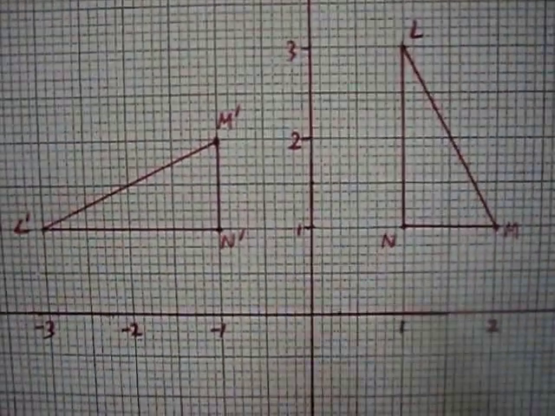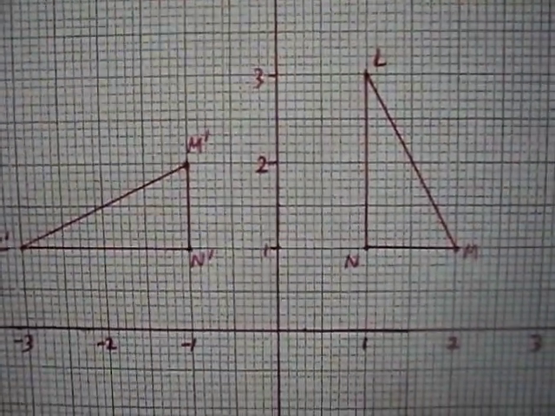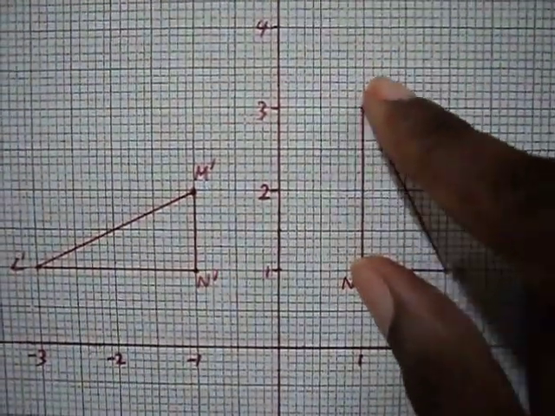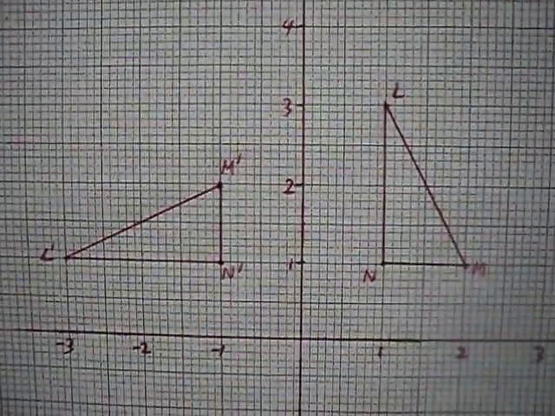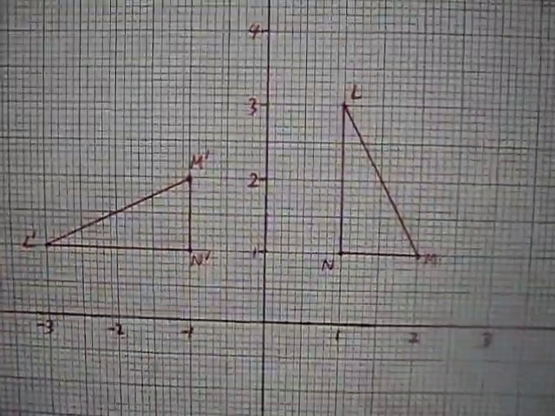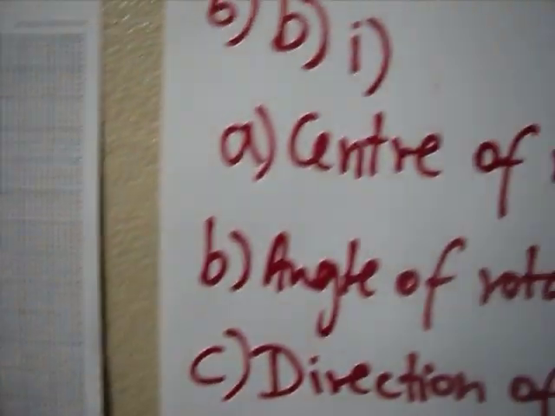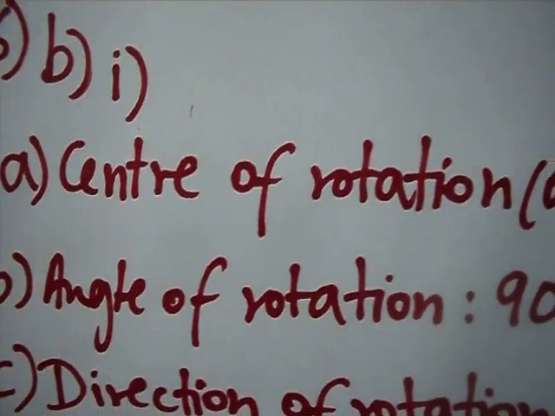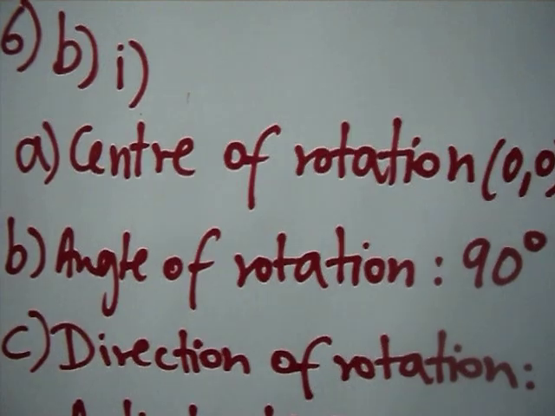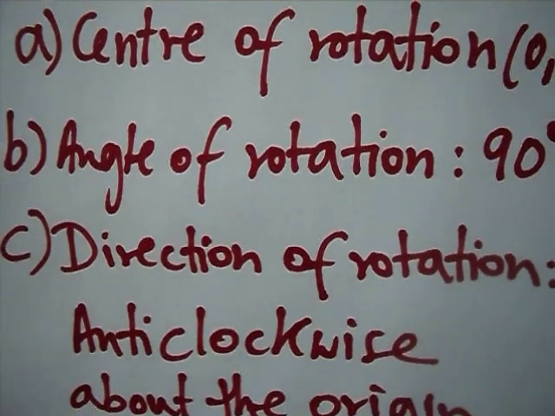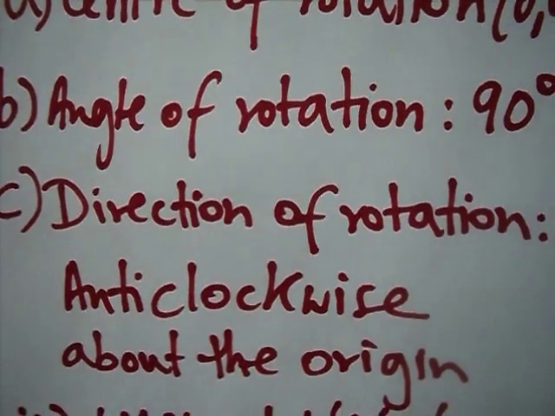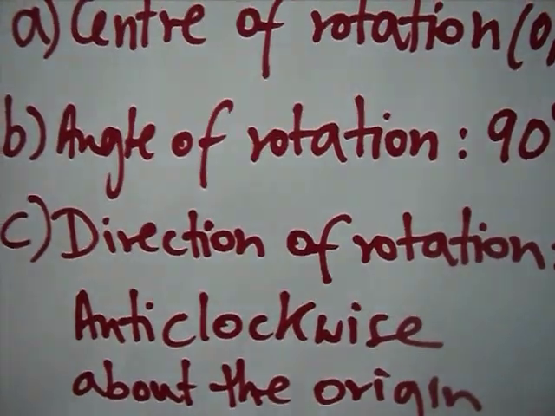So the triangle is moving from here and it goes like this. So it is anti-clockwise about the origin. Good? So far you have A, center of rotation is 0, 0. B, angular rotation is 90 degrees. C, direction of rotation is anti-clockwise about the origin.